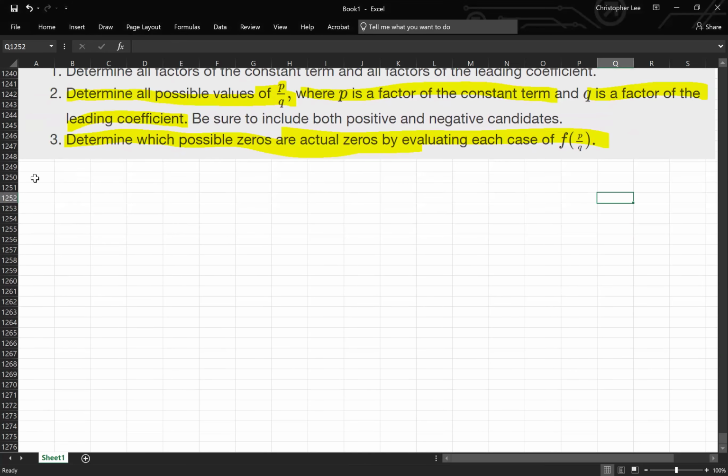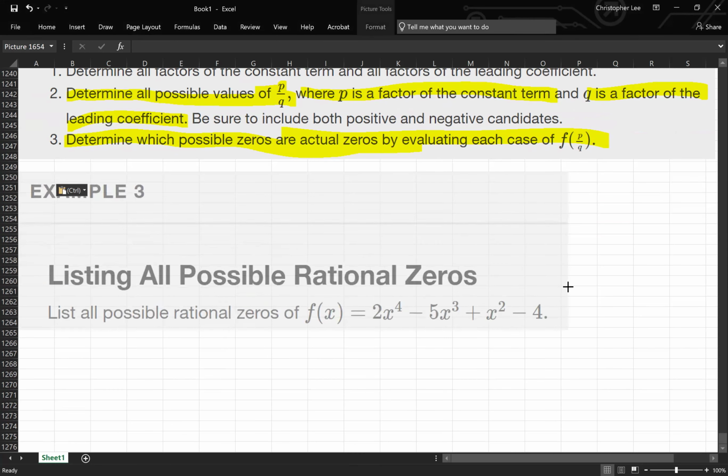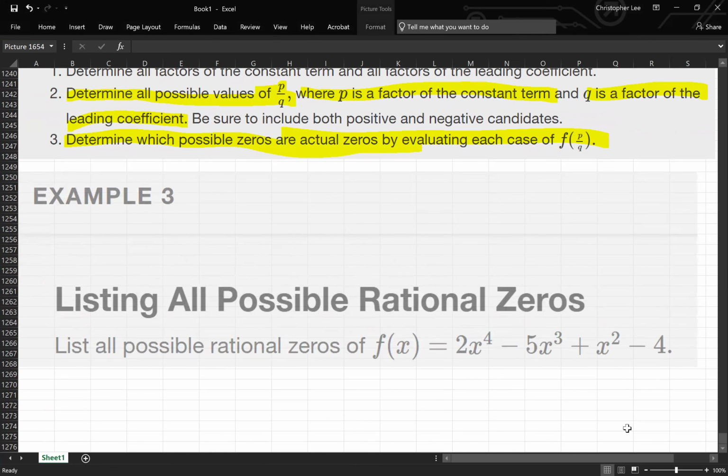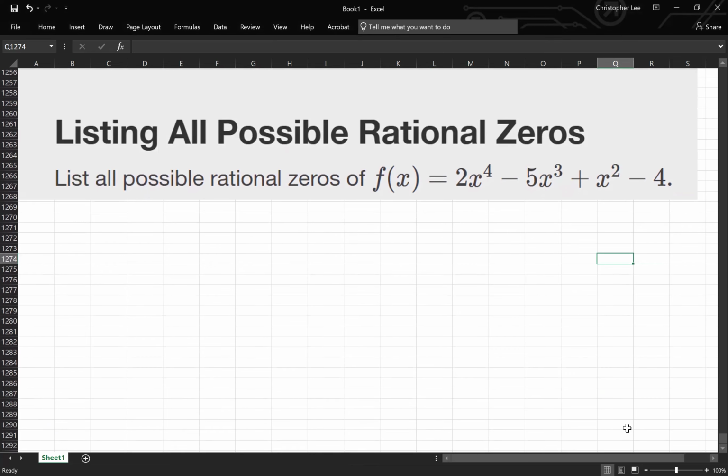Now, in the interest of time, for this example, we're just going to list all the possible rational zeros. We're not going to actually find them, but let's list them.